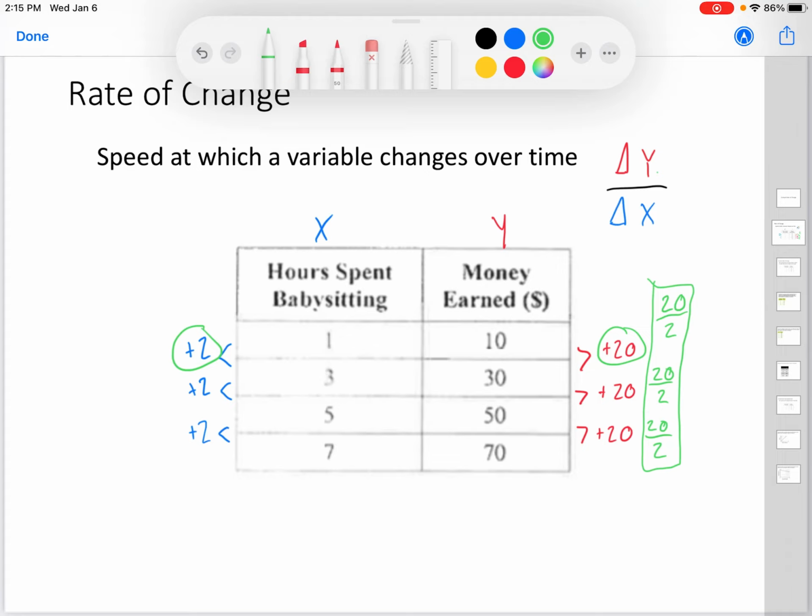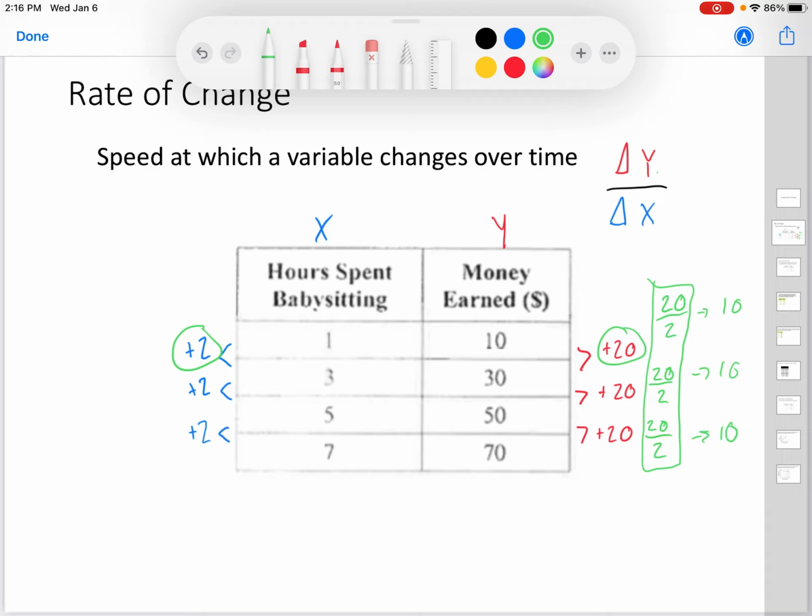So this example would have a constant rate of change, because all a constant rate of change is, it's how much it's changing each time, and that has to remain the same. So typically we would reduce these and say this rate of change is 10, 10, 10.